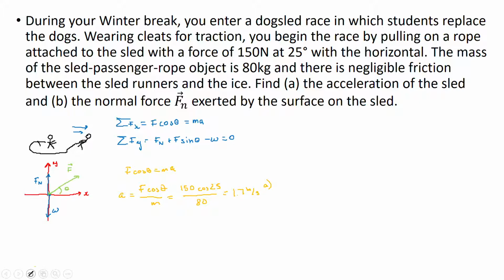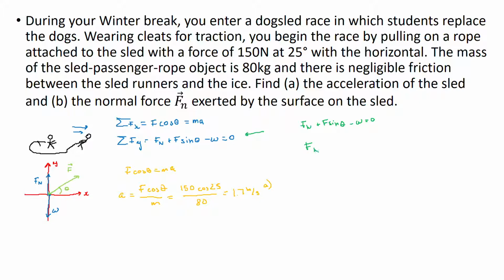So for part B, what I'm asked is to get the normal force exerted by the surface. This is going to be very easy too, because I can get it directly from the y part. So I know that the normal force plus the force sine of theta minus the weight is equal to 0. I just need to solve for the normal force.